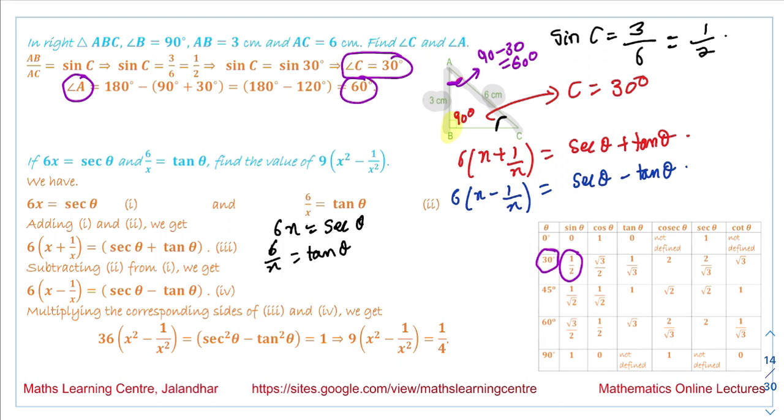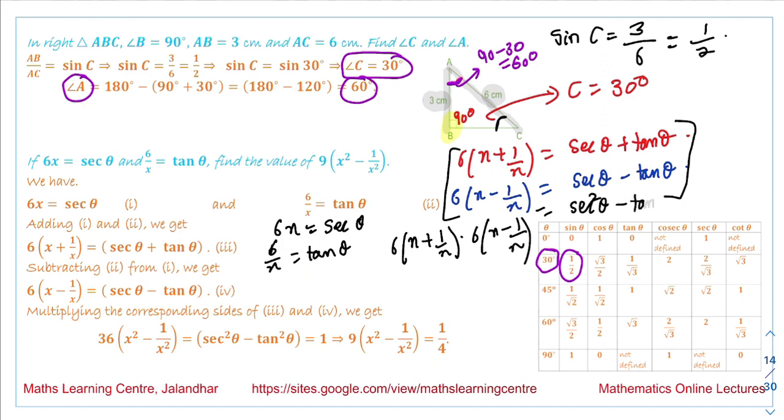Now if we multiply both these equations, we will get 6 into x plus 1 by x into 6 into x minus 1 by x, that will be equal to secant square theta minus tan square theta. This value will become 36 into x square minus 1 by x square. And what is the value of this secant square theta minus tan square theta?